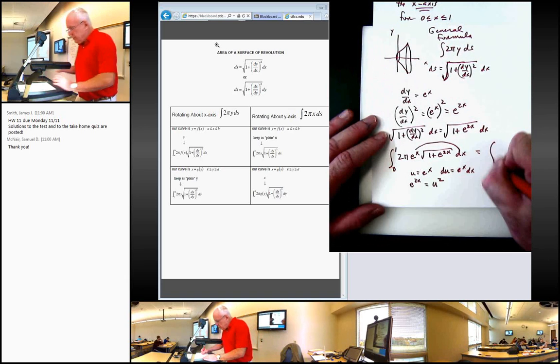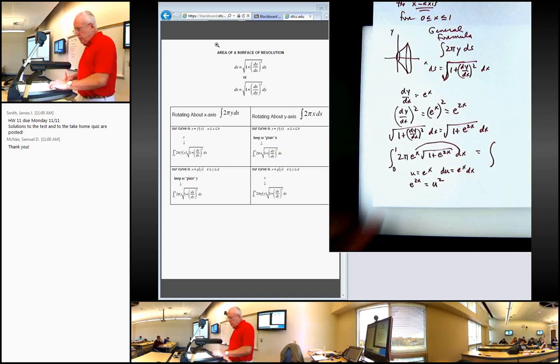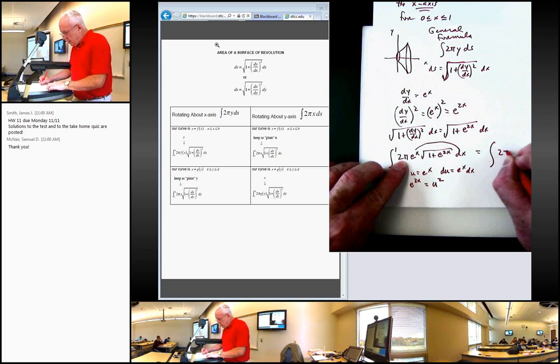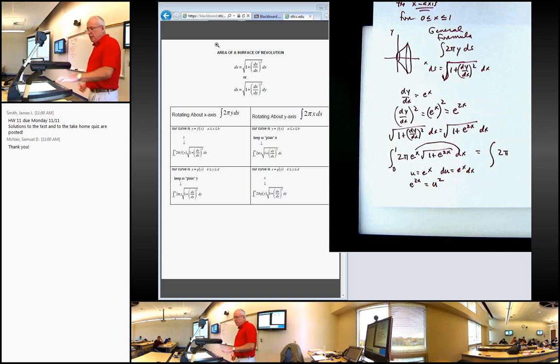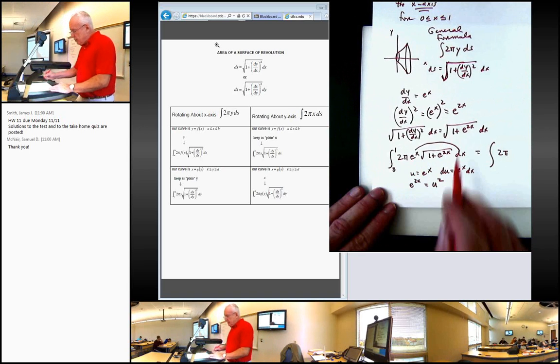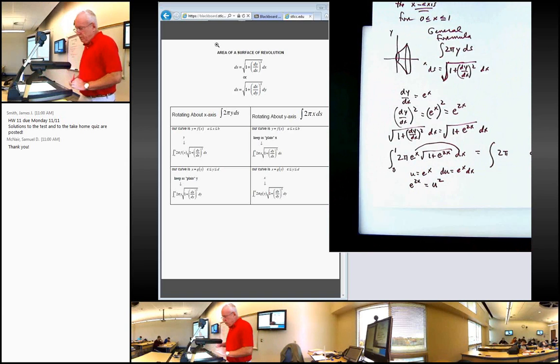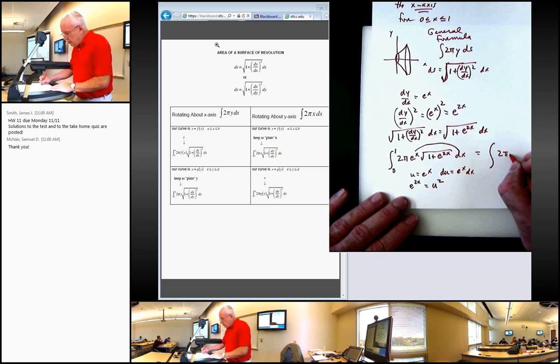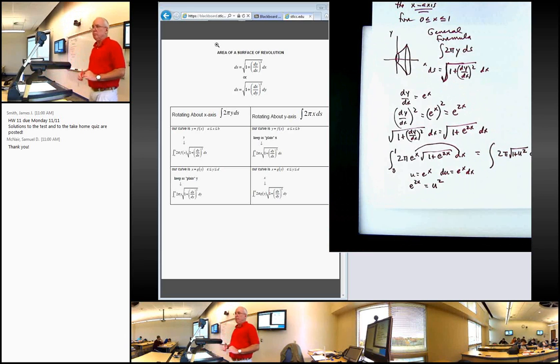So when I do this substitution, let's see what we get here. The 2 pi is going to stick around. The e to the x dx all just becomes du. And then under the radical I have 1 plus u squared. We're going to have different limits of integration.